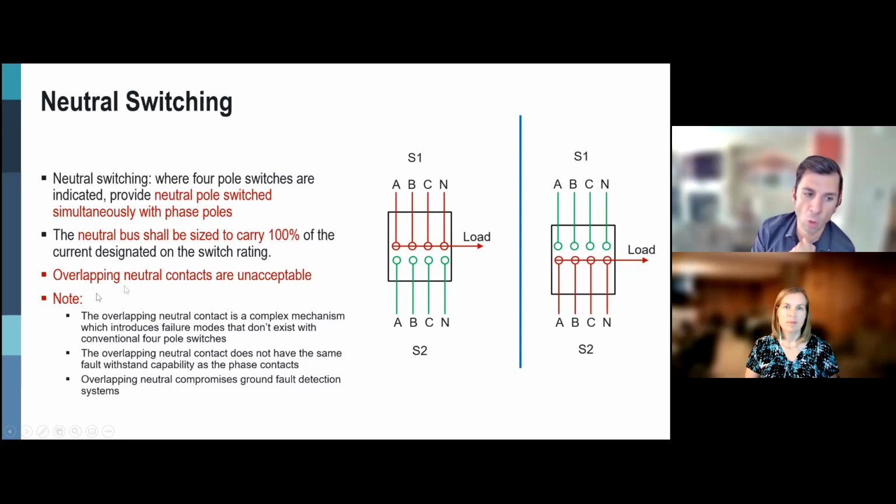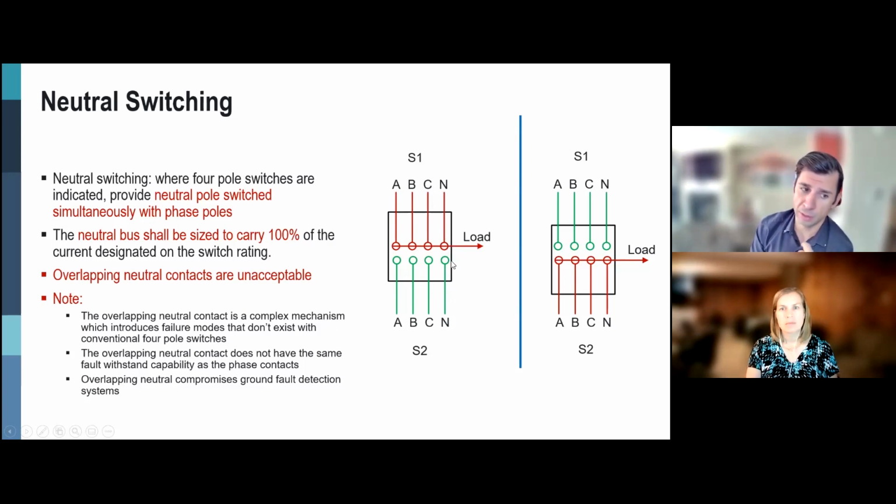We don't want an overlapping neutral. An overlapping neutral has a separate mechanism that is not rated the same as the three poles or the 3 phases. And again, this adds complexity, another piece that can fail. And then what if it fails and it fails closed?